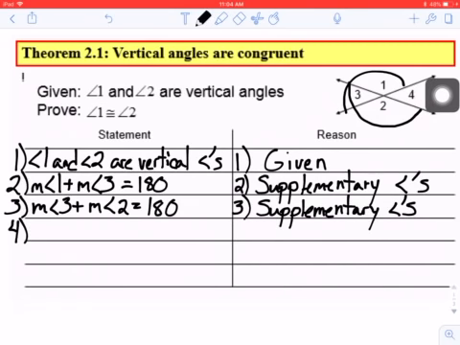So we're going to say, since the measure of angle 1 plus the measure of angle 3 is 180, and the measure of 3 and 2 are 180, they both have to be the same thing. They equal each other.